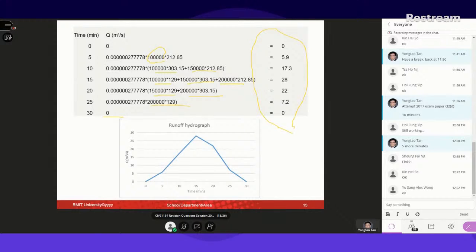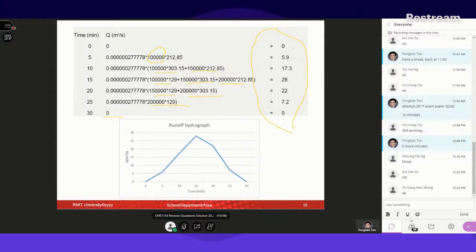That is the difference. This is a good example for you to know how to convert to the rainfall intensity hydrograph. Now I think this morning we stop here.